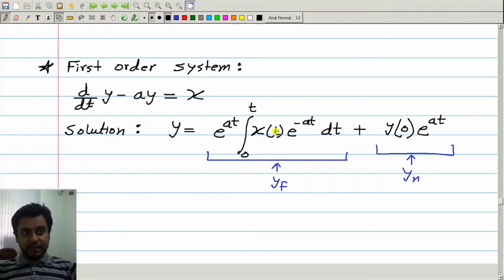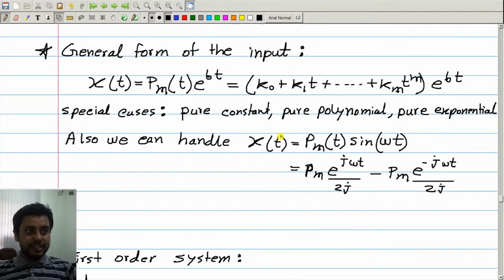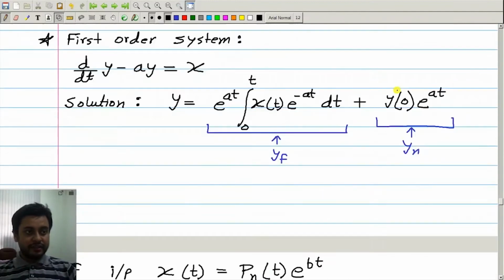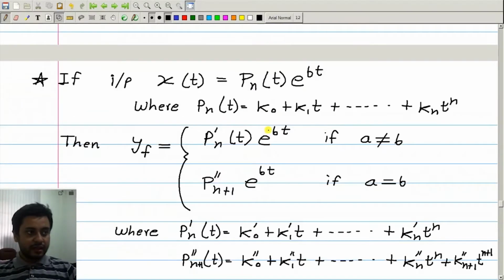Then if we take this particular form of the input, this forced response can be simplified like this.